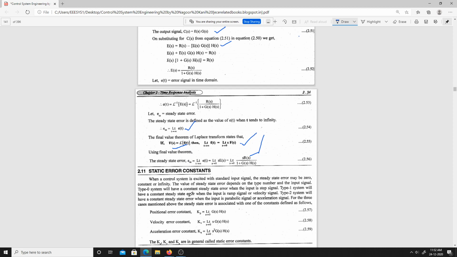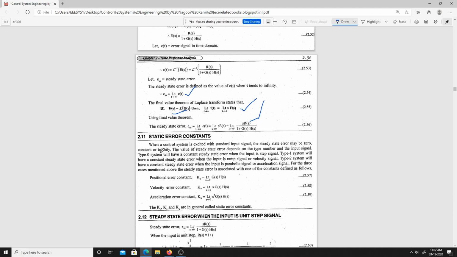Everyone, please look at these static error constants once.